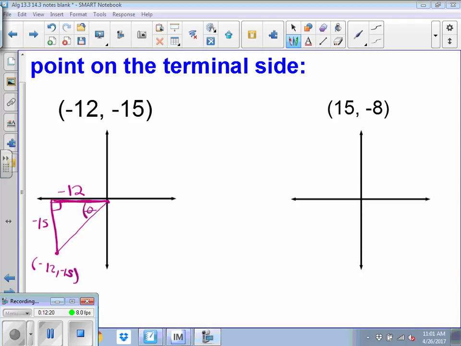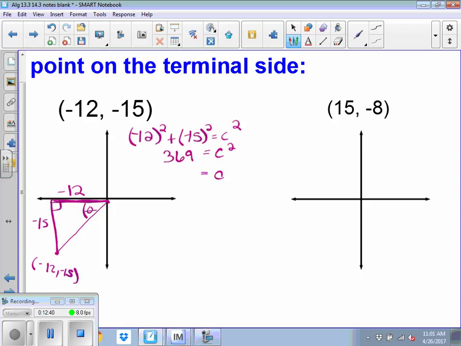Okay, so we need to find C. The square root of 369 can be broken down into the square root of 9 times 41. 9 times 41 is 369.